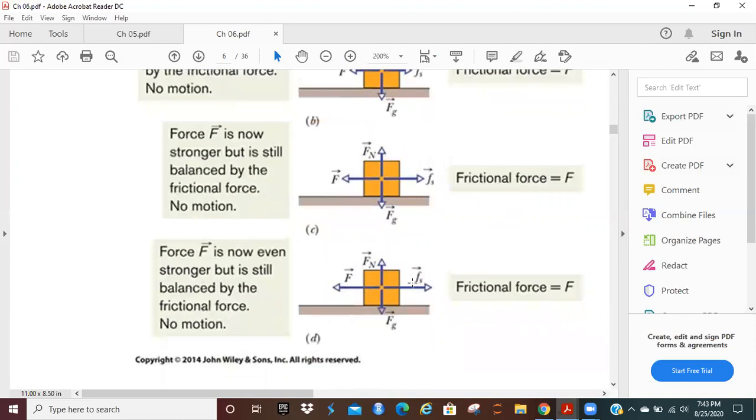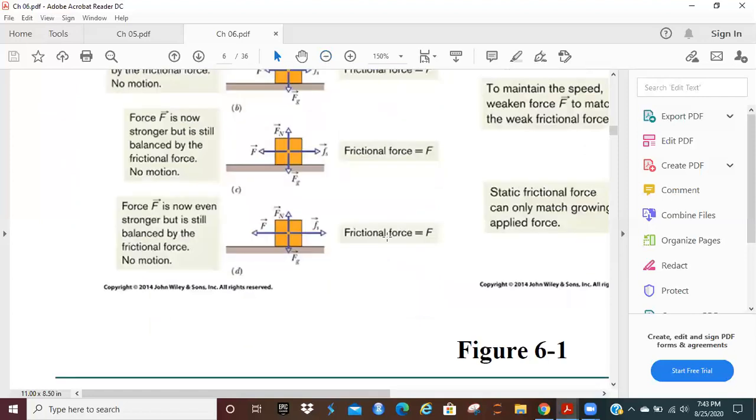Since this force ends up reaching a maximum at some point, we can increase this force up to a particular point at which it is counterbalanced, but eventually the static frictional force will be overcome.